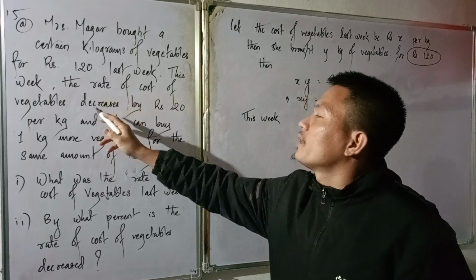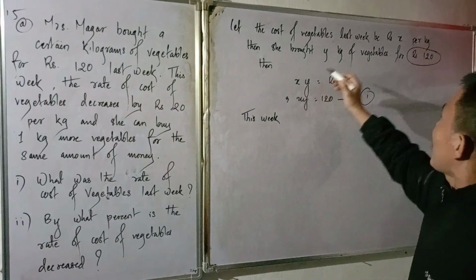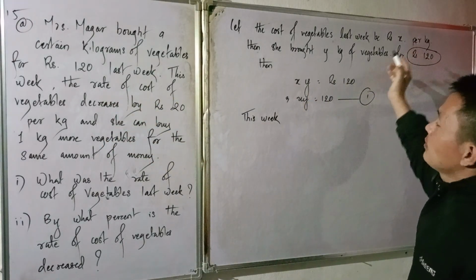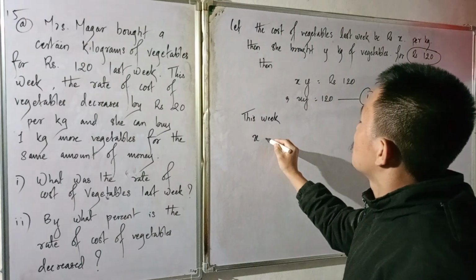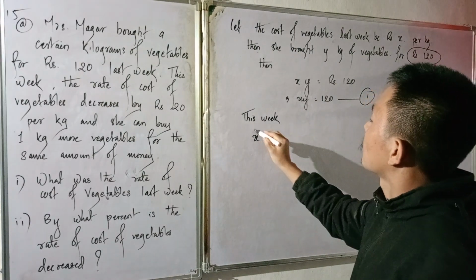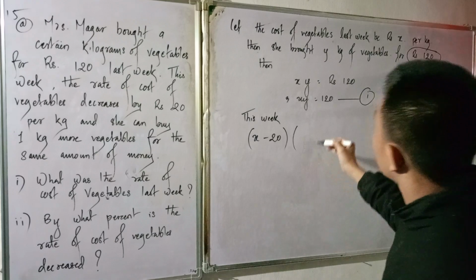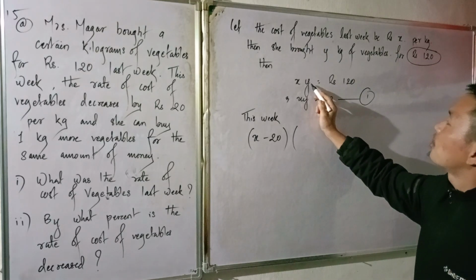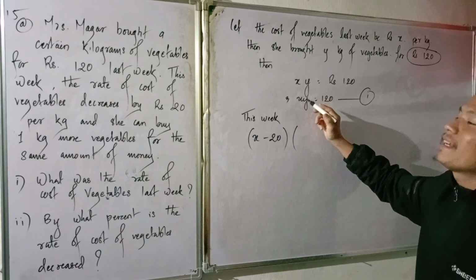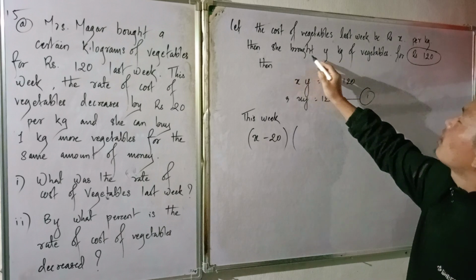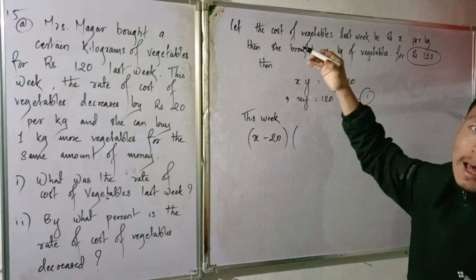Now this week, the rate of the cost of vegetables decreased by 20. So x is the rate of cost. The rate of cost decreased by 20, and she brought 1 kg more. She brought y kg last week.